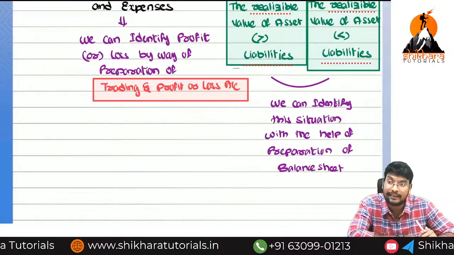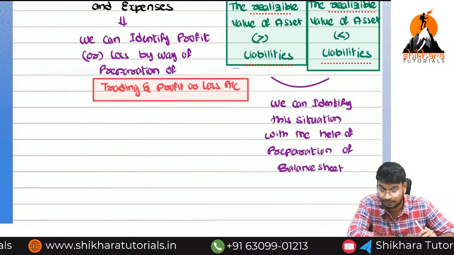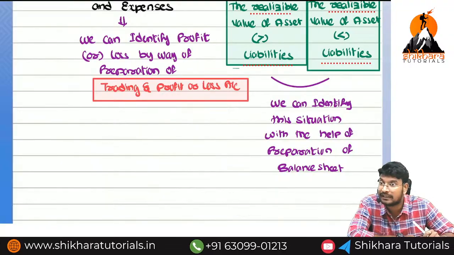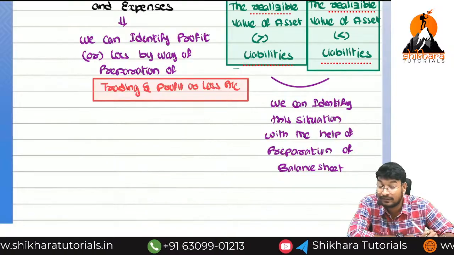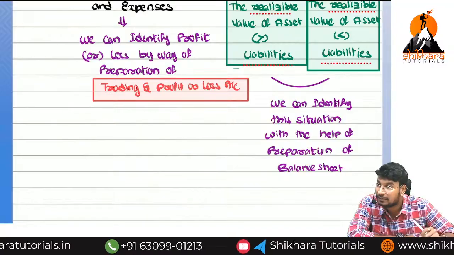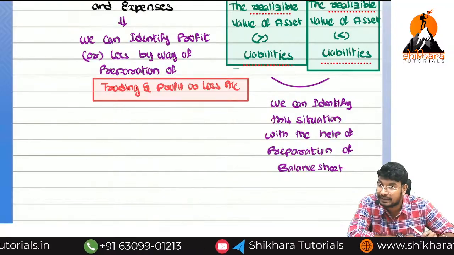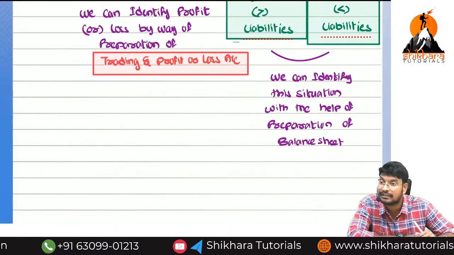So in order to identify these situations or positions, we need to prepare the balance sheet. So for this purpose, in the final accounts, we'll prepare the trading account, P&L account and balance sheet. If we have a manufacturing concern, we need to prepare the manufacturing account, trading account, then P&L account and balance sheet. From an NPO point of view, what statements will we prepare?